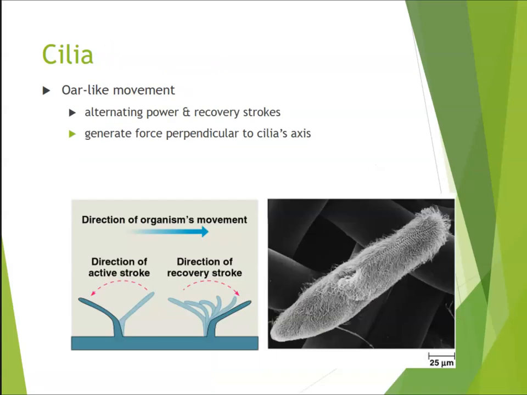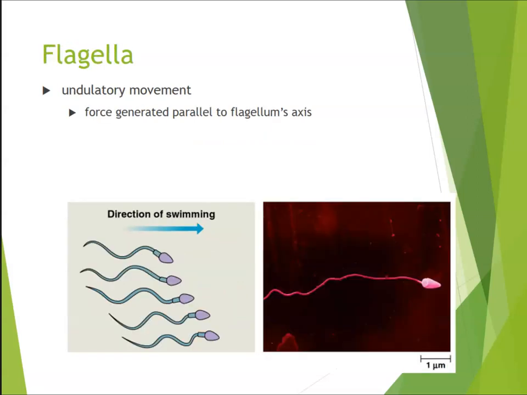Cilia provide an oar-like movement in order to move a cell in whatever direction it needs to go in. And flagella have kind of a whip-like motion, and they would propel the cell forward.